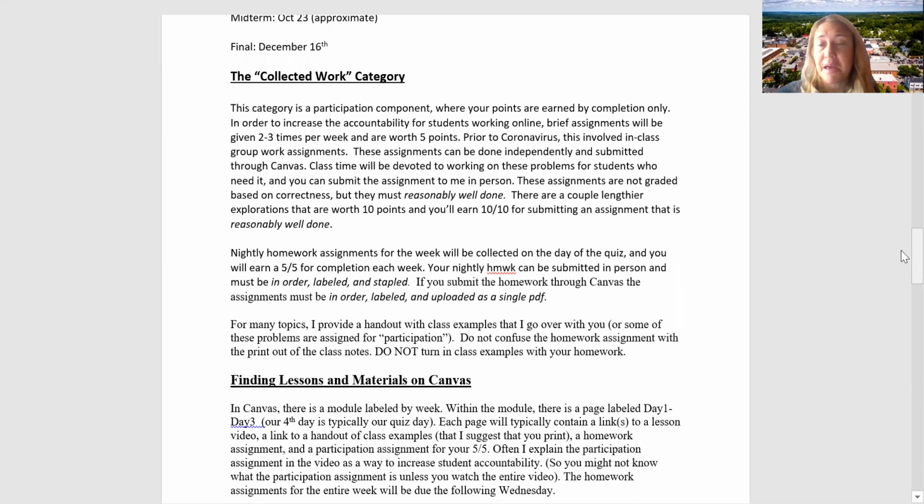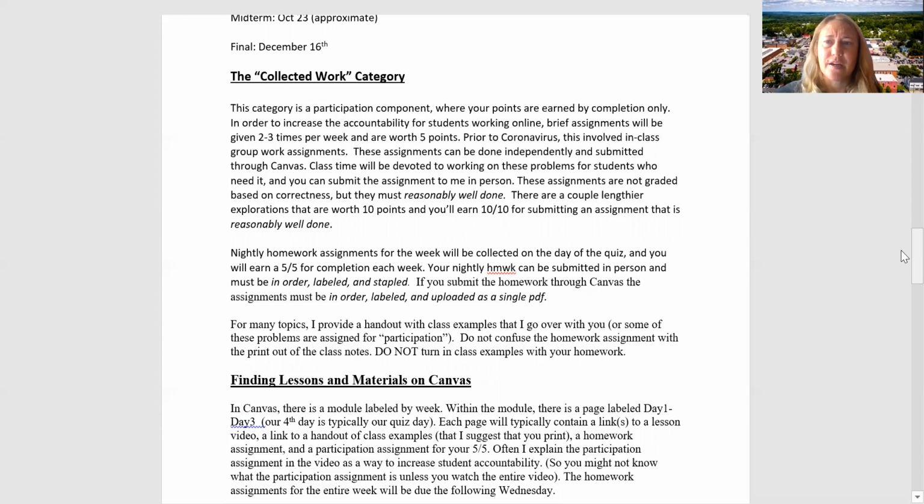I just flip through them, see if they're all there. I'm actually posting answer keys of all of the homework assignments. You could always copy the answer keys and hand that in to me, and I would probably not know the difference, but I do that just to increase accountability.